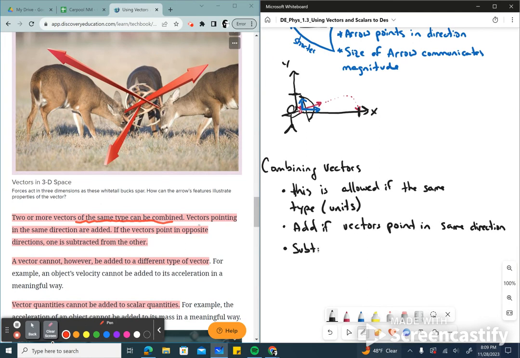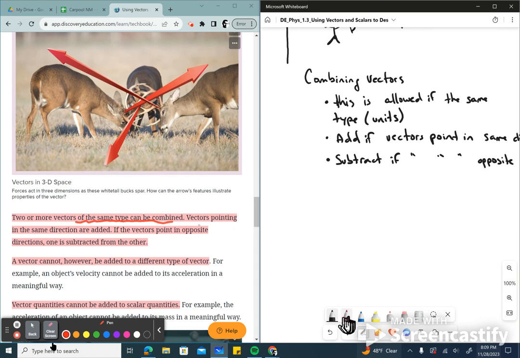Subtract if vectors point in opposite directions, okay?